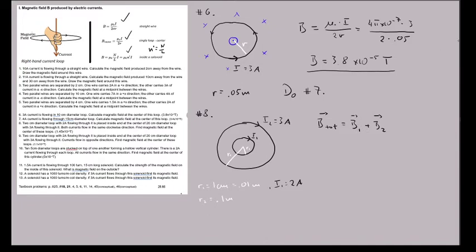So the magnetic field set up by I1. Let's draw this I1 in blue. All right, now if I1 points in this direction, then let's determine how the magnetic field points through the center.